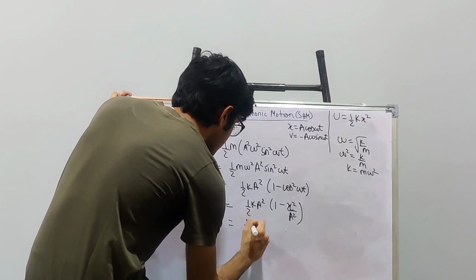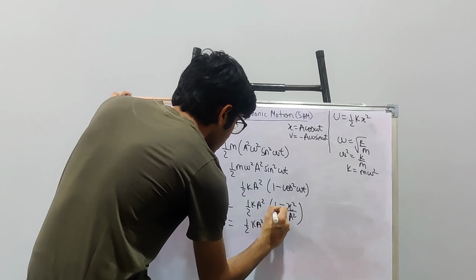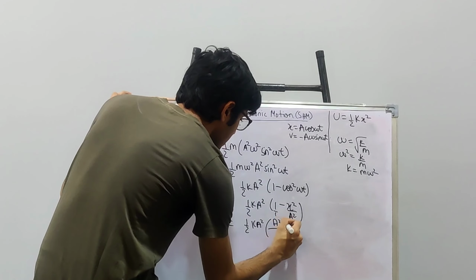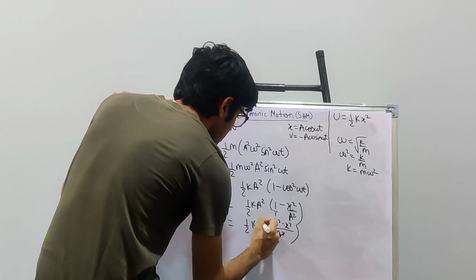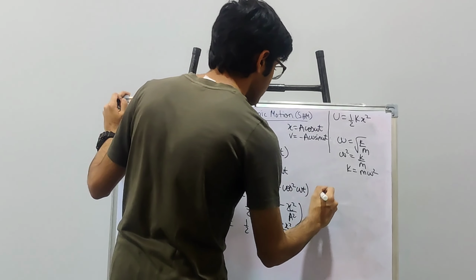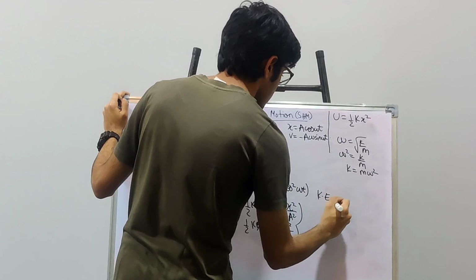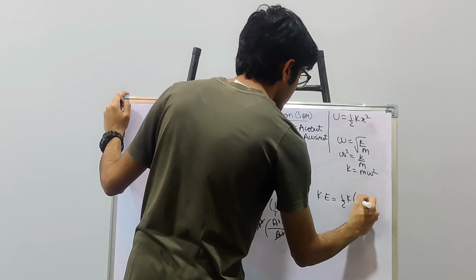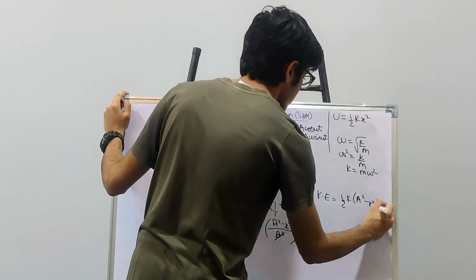So this becomes half k a square. We take the LCM, we get a square minus x square over a square. So the kinetic energy formula becomes half k brackets a square minus x square.